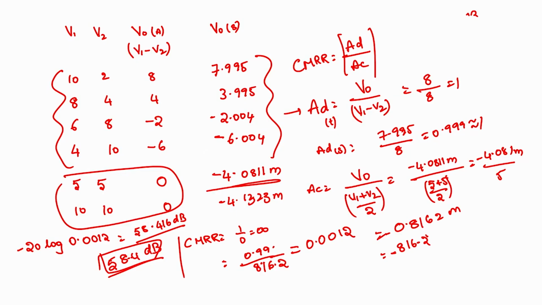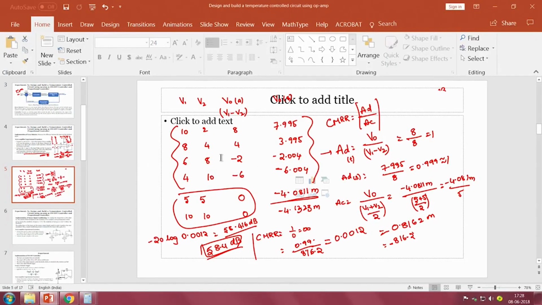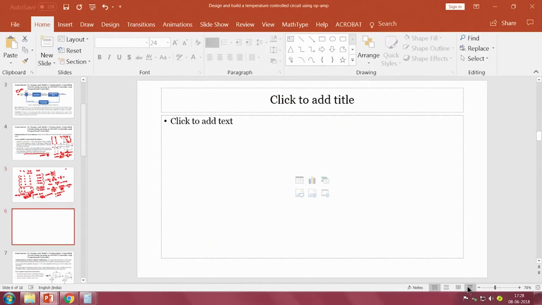Now, how about for instrumentation amplifier? Why do not we look into that? So what I will do is I will take one more slide for instrumentation amplifier. If we recall the working of an instrumentation amplifier, we will be taking 3 op amps plus one more op amp, plus resistor combination.